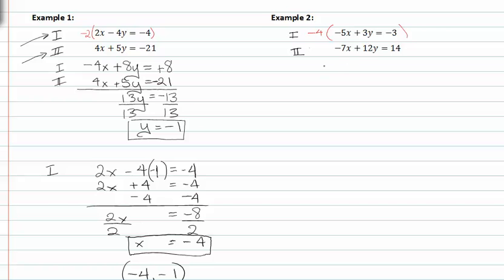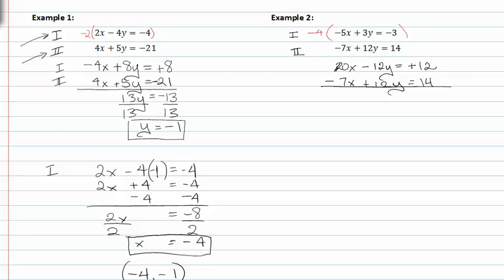Distributing the -4 through, I get positive 20x minus 12y equals positive 12. Rewriting equation number 2, we have -7x plus 12y is equal to 14.